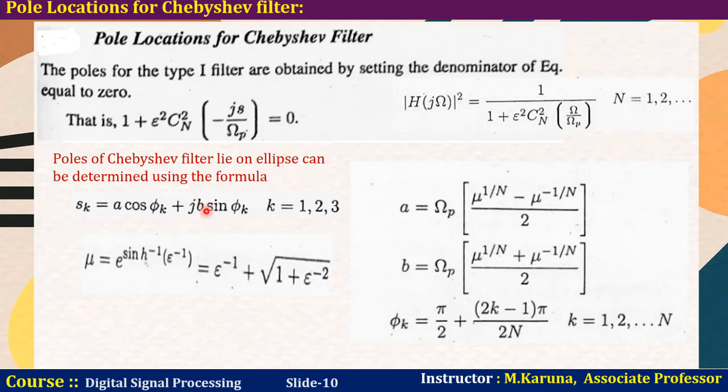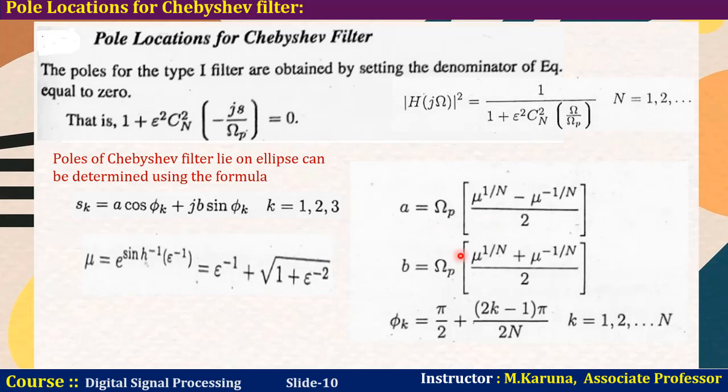For the poles of Chebyshev filter, phi k is given as pi by 2 plus (2k minus 1) into pi by 2n, k varies from 1 to n. These are the given formulas. No need to derive all these formulas. You just remember all the formulas for solving the problems in case of Chebyshev filter.